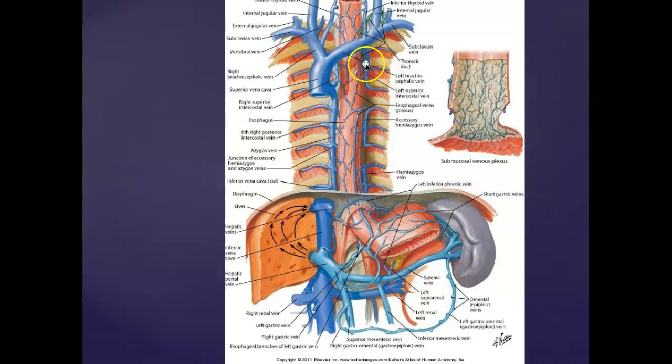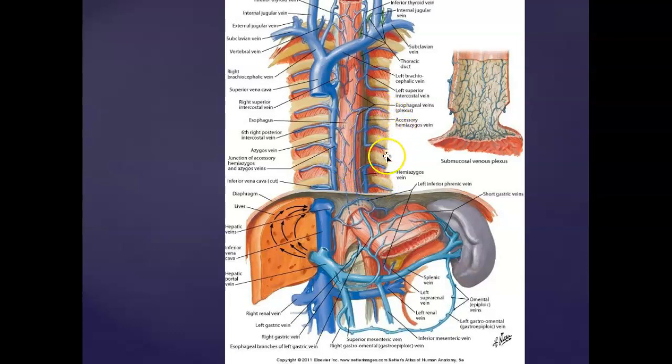Now this vein won't necessarily drain into the azygous because it's too high, but it's going to drain rather into the left brachiocephalic vein here, which you can see. So azygous on the right, draining the whole right side into the superior vena cava. The hemiazygous, T9 or so down on the left, draining into the azygous.